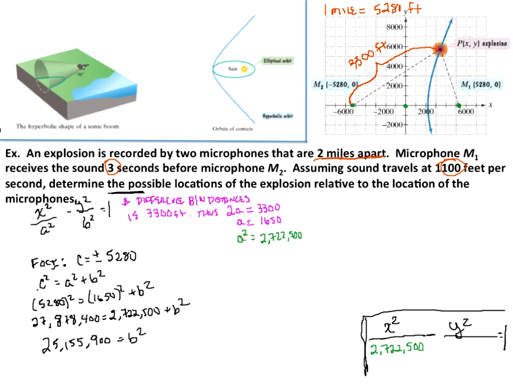We could go further and say what b is and take the square root of that, but it's not necessary for this problem. So this is 25,155,900. And just looking at this, I know my explosion happens closer. Let's see, determine the possible locations of the explosion relative to the location of the microphones.